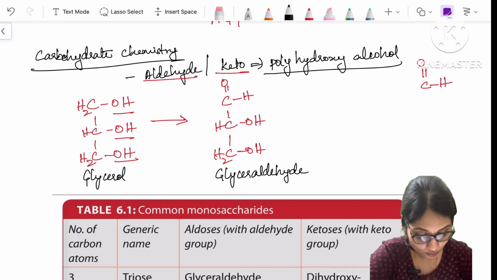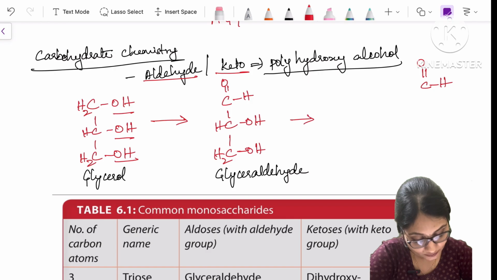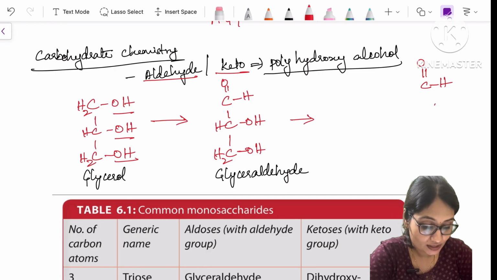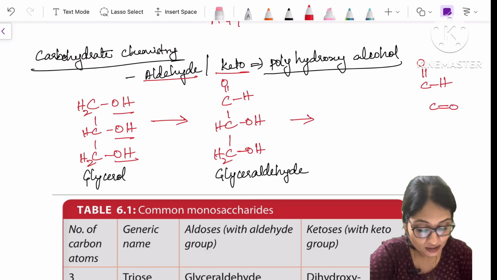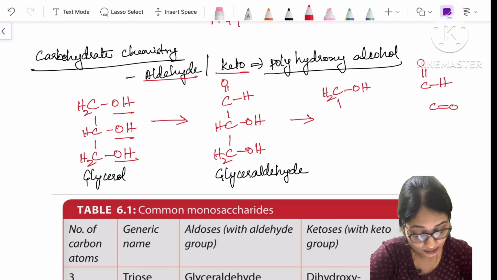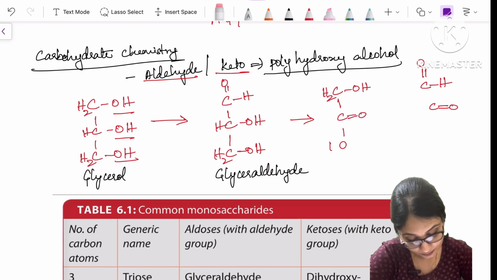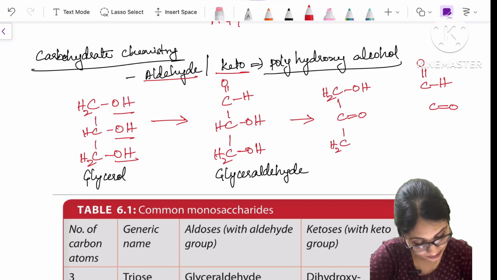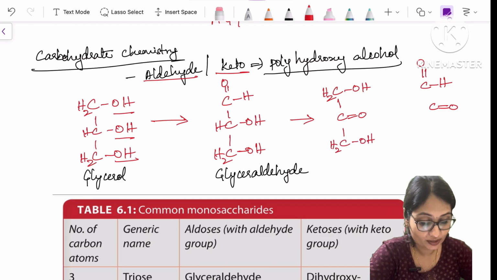And what about a keto derivative of this thing? Let me try to draw a keto derivative. What is the functional group of a ketone? Nothing but C double bond O, right? It looks something like this: CH2OH, and here is our functional group, C double bond O, and then CH2OH.